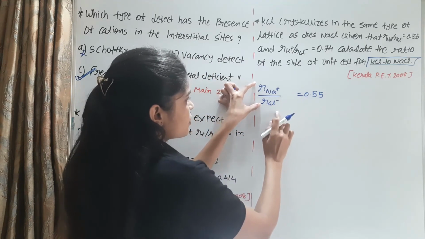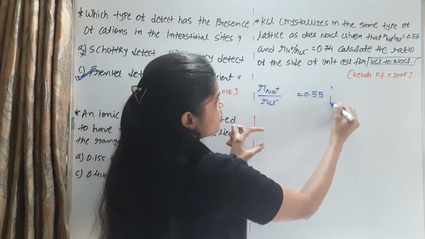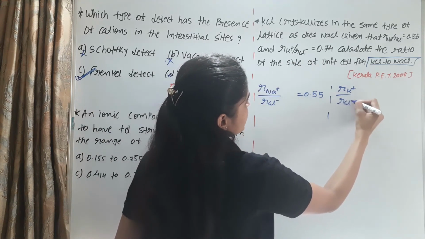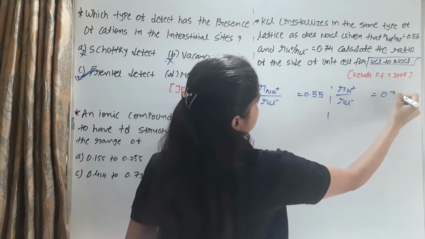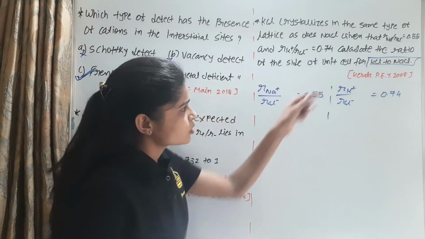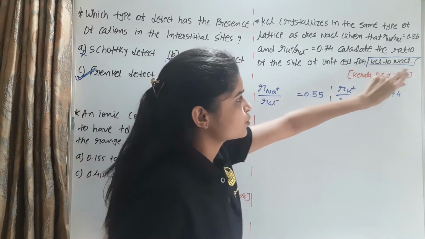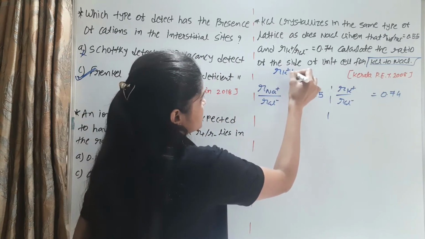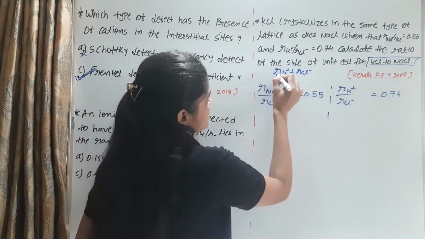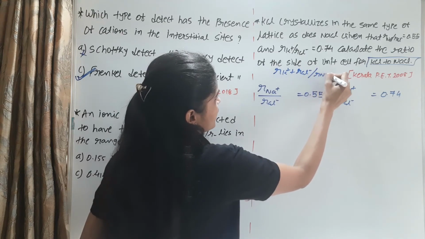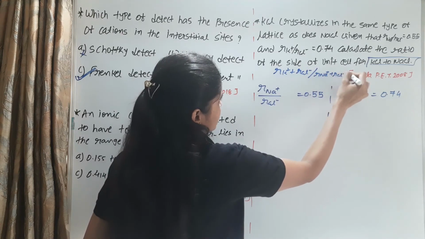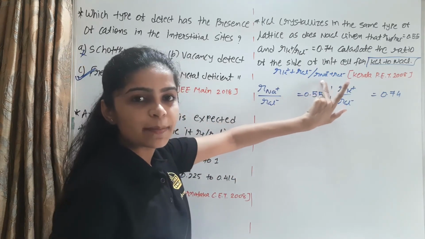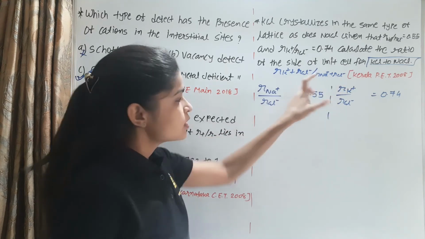First, R(Na+) upon R(Cl−) is 0.55, then R(K+) upon R(Cl−) is 0.74. We know the ratio of KCl to NaCl. How do we find the ratio? R(K+) plus R(Cl−) divided by R(Na+) plus R(Cl−).